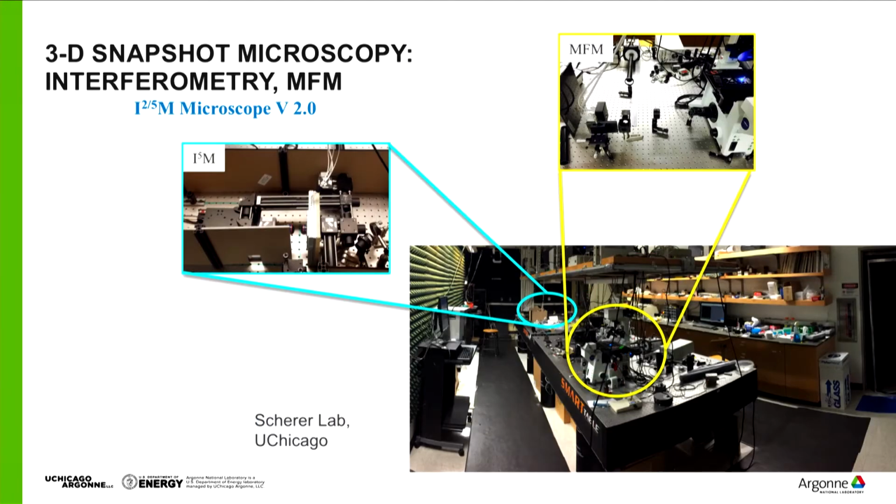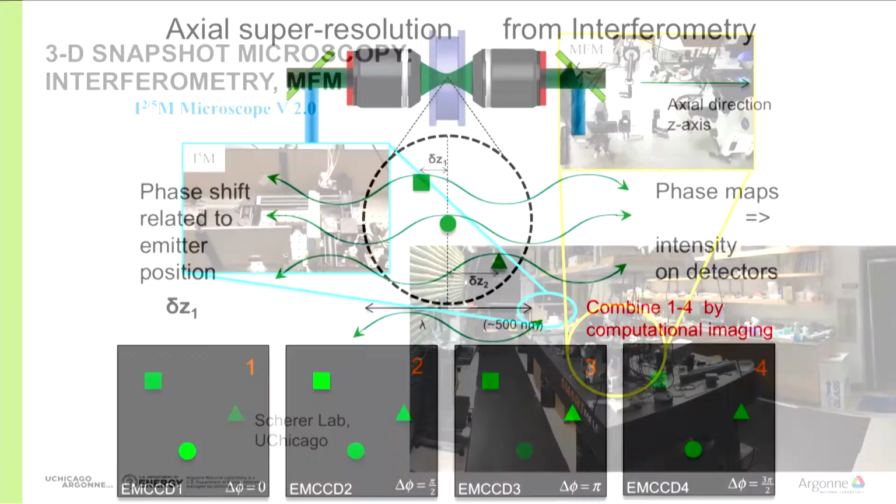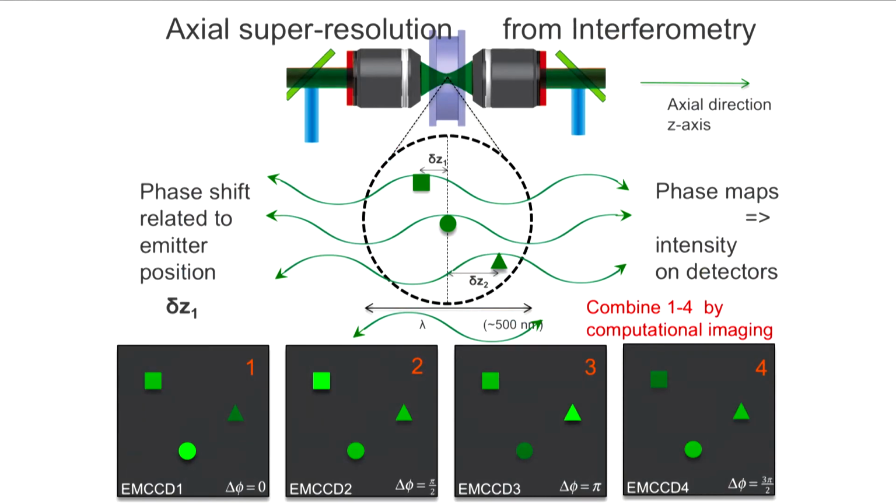And I have a slide here giving you a rough idea of what we set up. It's very similar to multifocal in that you pass light through our sample here, and if I can just go through my cartoon here, it helps.